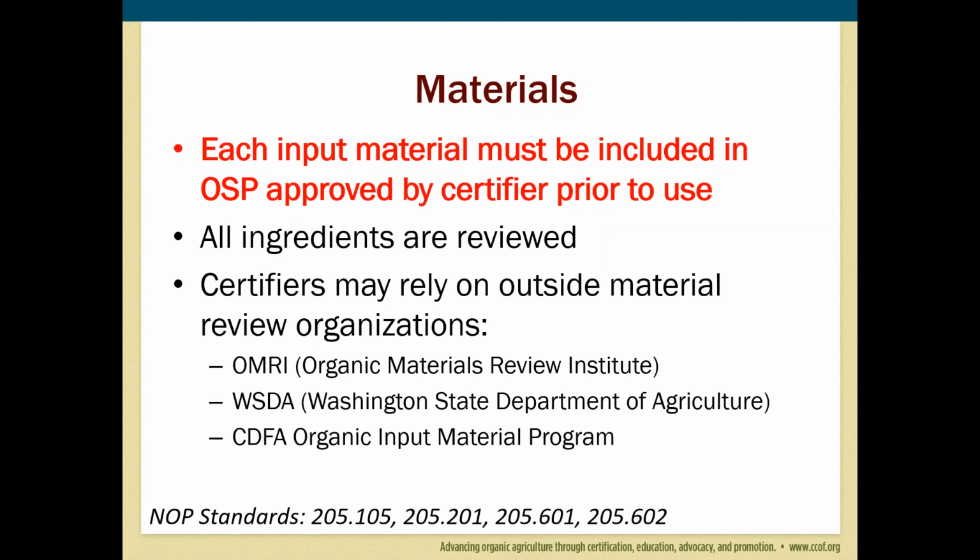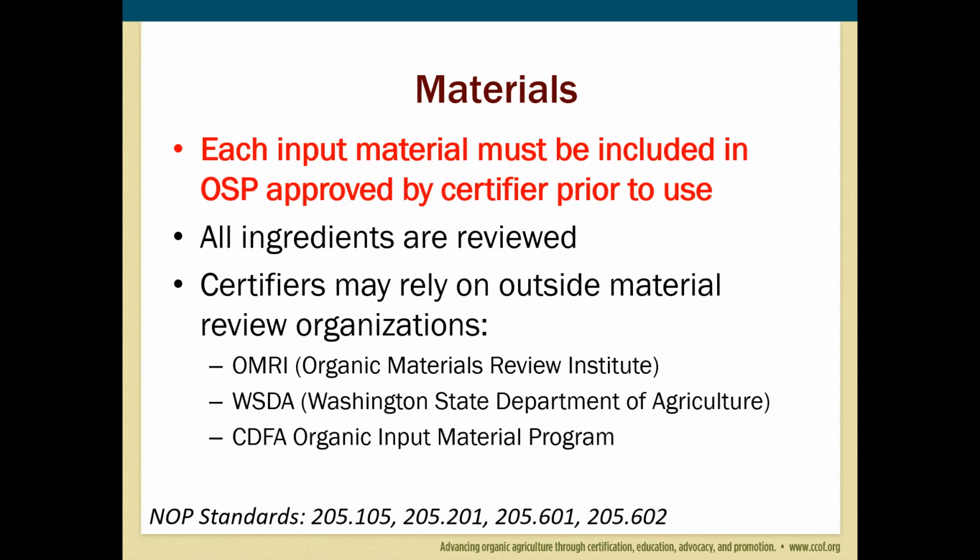So these three organizations all have publicly available lists and databases that you can search. Anybody, anywhere with a web connection can search them. And you'll find there are probably thousands of brand name formulated products that have been reviewed and approved for organic use.